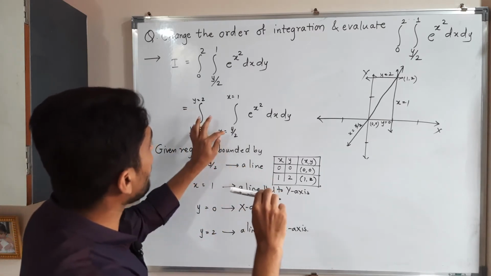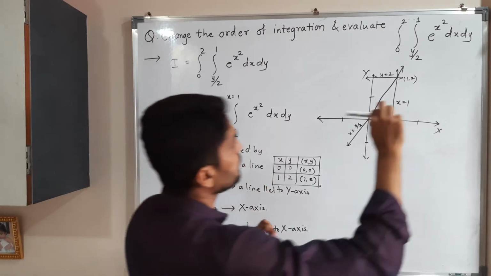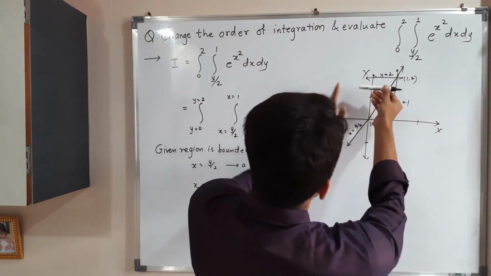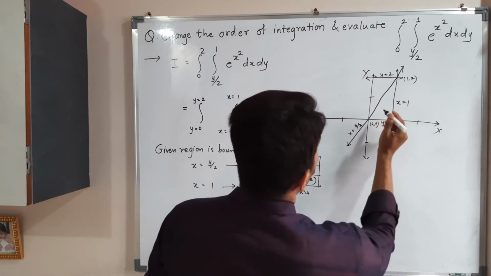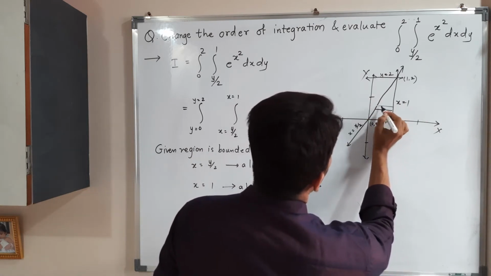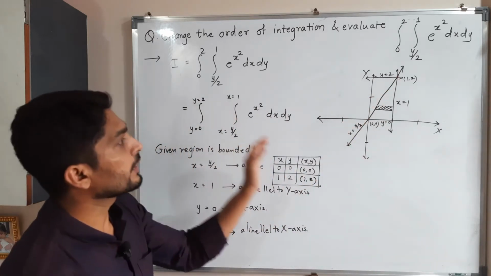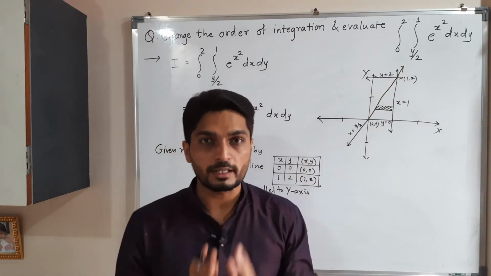So our strip is bounded below by this line. If you consider a strip here, you cannot say the strip is bounded below by this line. But if you draw a strip like this, then definitely it is bounded below by this line and bounded above by x is equal to 1. You are getting my point?